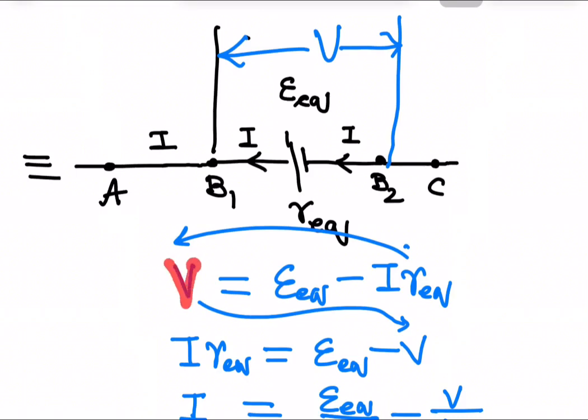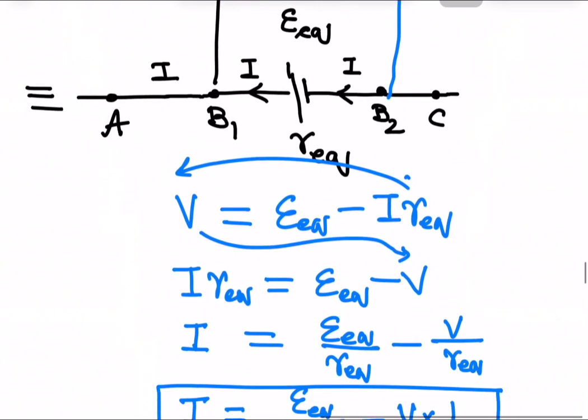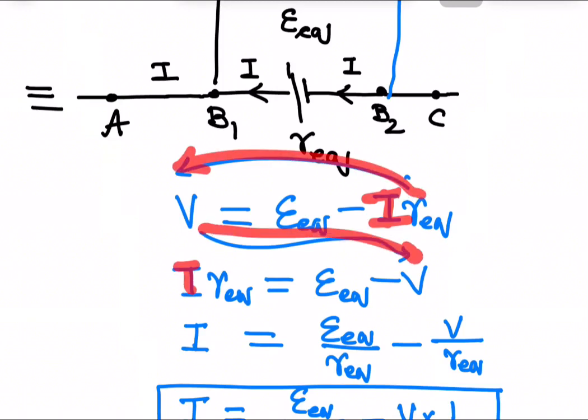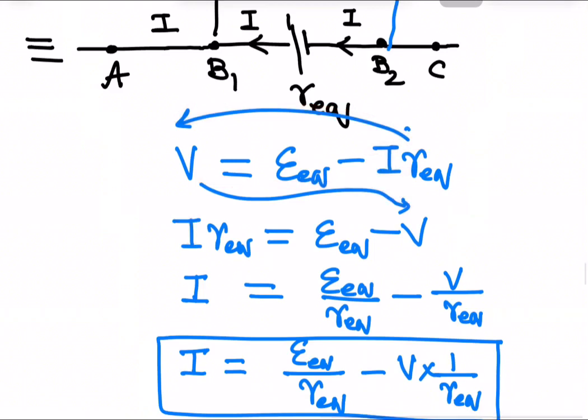Therefore, V is equal to the equivalent EMF minus the current into the equivalent internal resistance, and again solve this for the current. Send this term to this side and V to the other side, so it becomes I R equivalent is equal to E equivalent minus V. Divide throughout by R equivalent.